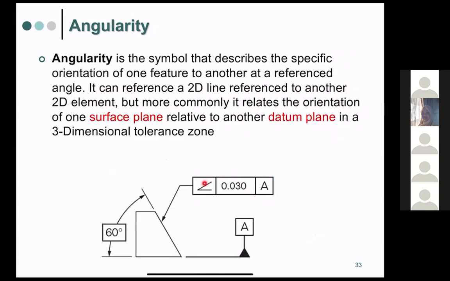For example, this part should be 90 degrees with relation to the datum A. However, here we can have a tolerance of around 0.030 degree. So as long as we have slightly bigger or slightly smaller, as long as it is within the range of 0.030 from this, it is still okay.